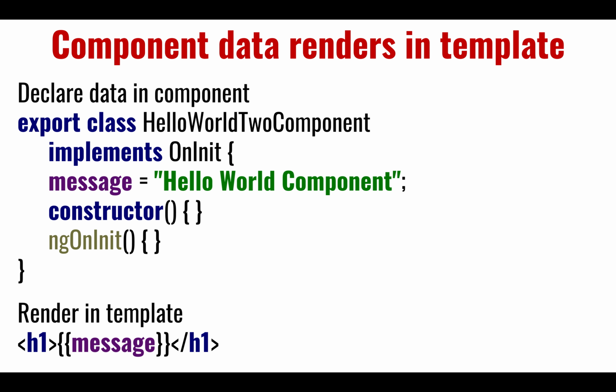So double mustache message, and message here is referring to the variable declared in the component. Whatever you do to this variable immediately updates on the page. They are now bound to each other. Whatever the controller does to that variable gets updated over here, and vice versa.